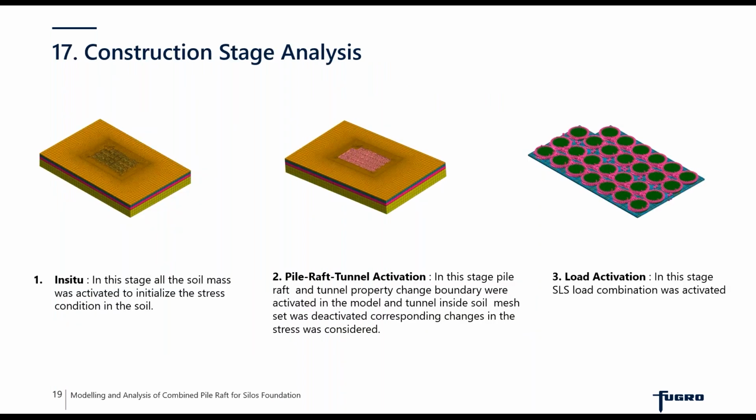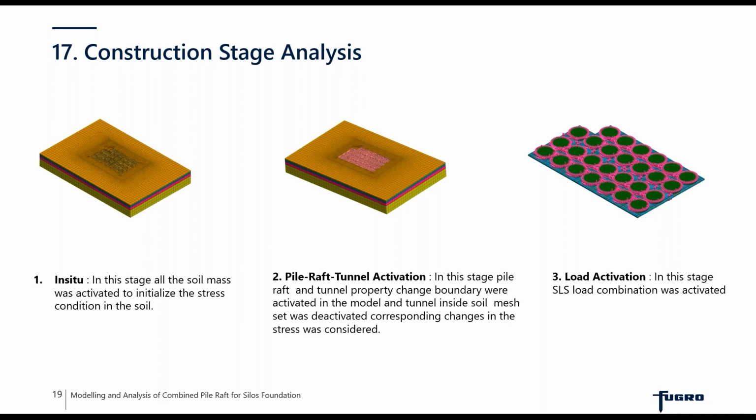In the construction stage analysis, we define 3 stages. We have the initial stage where we initialize the stress condition in the soil, in the second stage we activate the pile, raft, as well as the tunnel, and in the third stage we activate the load combinations.